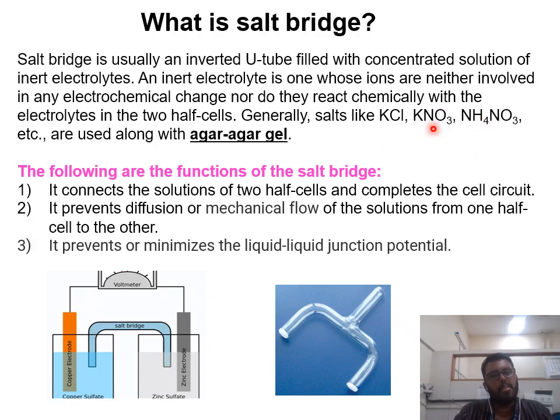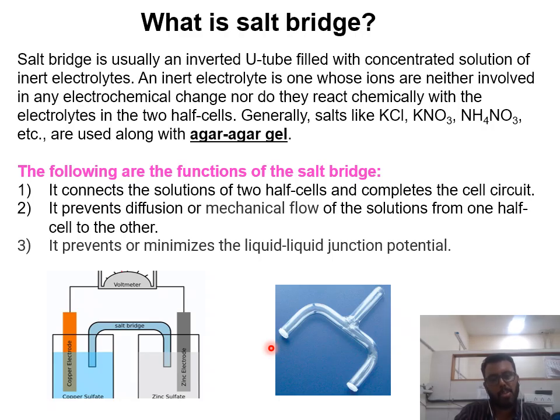Okay? It connects the solutions of two half cells, completes the cell circuit, and it prevents diffusion or mechanical flow of solution from one half cell to the other because they are not directly in contact with the solution in the two half cells. The main point to note is it minimizes the liquid-liquid junction potential. Liquid-liquid junction potential can lead to a potential drop.